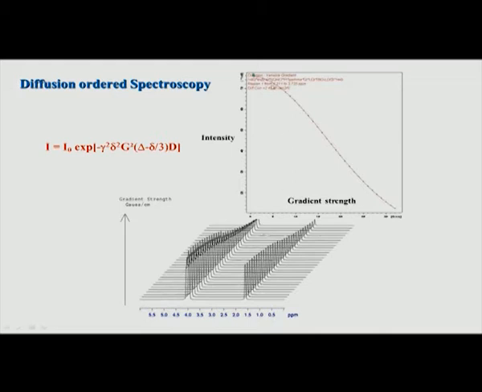Why is the signal decreasing? Because as you increase the strength of the gradient, two things. One is you can notice from this equation that if I increase the G value, my I should decrease. This is simply coming from the mathematical equation here. But if you want to understand intuitively what is going on, when you increase the gradient, you dephase the signal a lot.